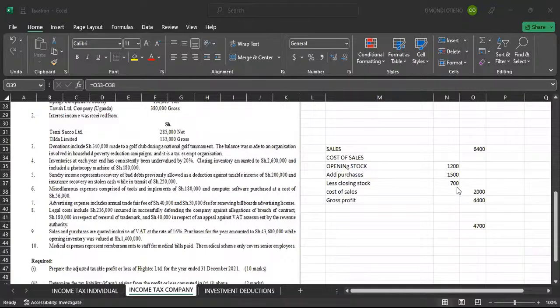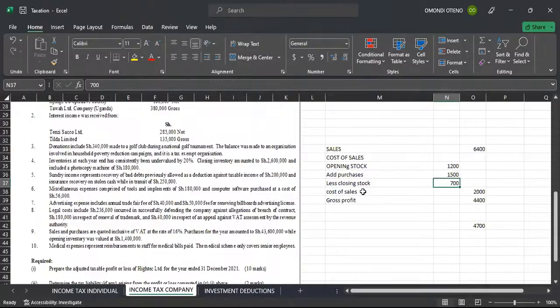It means putting the photocopying machine as part of the closing inventory exaggerated our profits. So if there's an item which increased your profits, but it should not be there, what are we going to do to rectify that mistake?